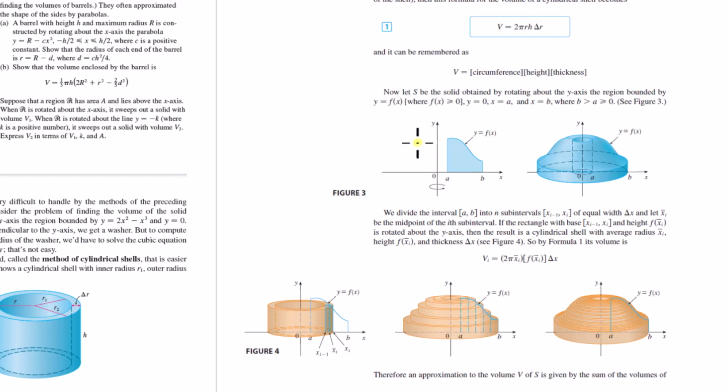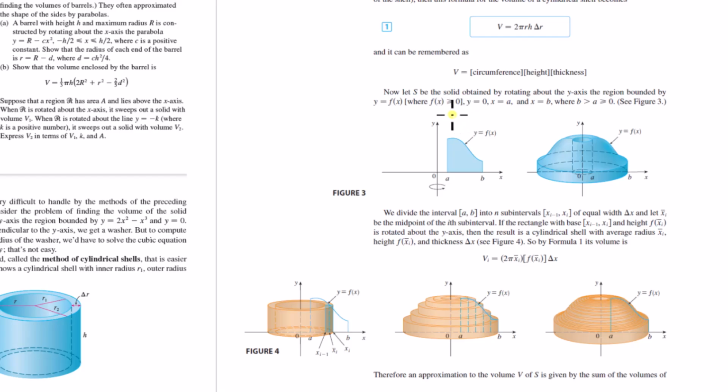So what they're doing here, to set up the integral, is defining a general scenario where you've got this area bounded by this curve, the x-axis, and the lines x is equal to a and x is equal to b. Now, this isn't completely general, but it's a start.